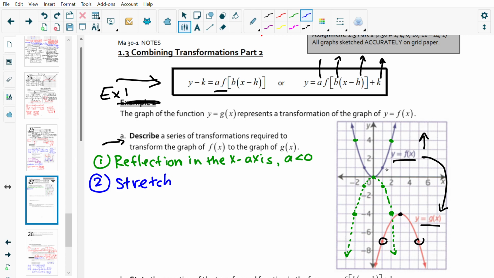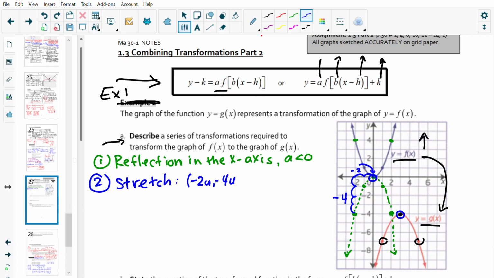If I start at the vertex as a reference point, let me do this one first on the green graph. I start at the vertex and go 1, 2, so it's -2 over, and I go 1, 2, 3, 4, -4 down. I'm looking at the stretch, going from -2 units and -4 units.